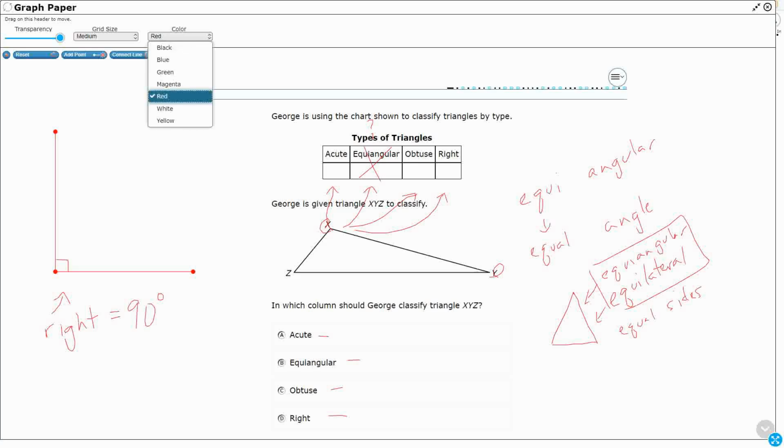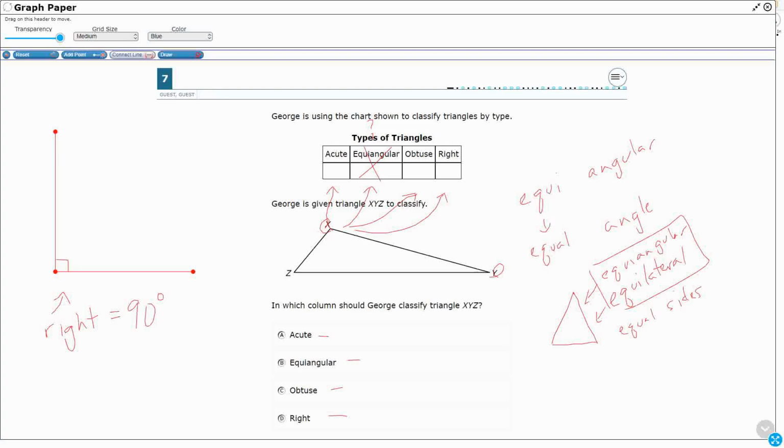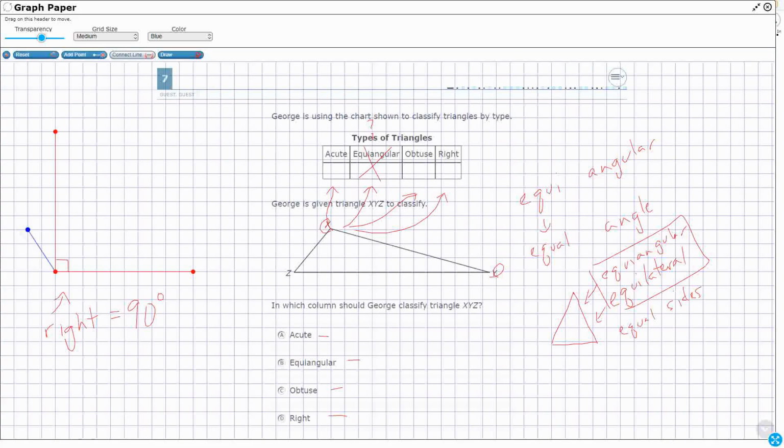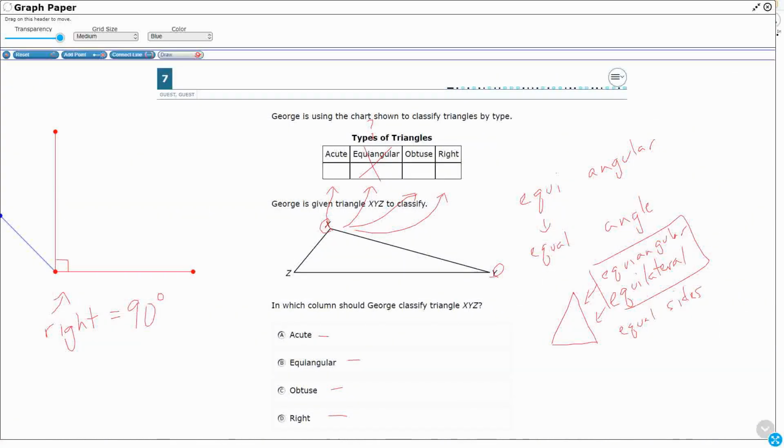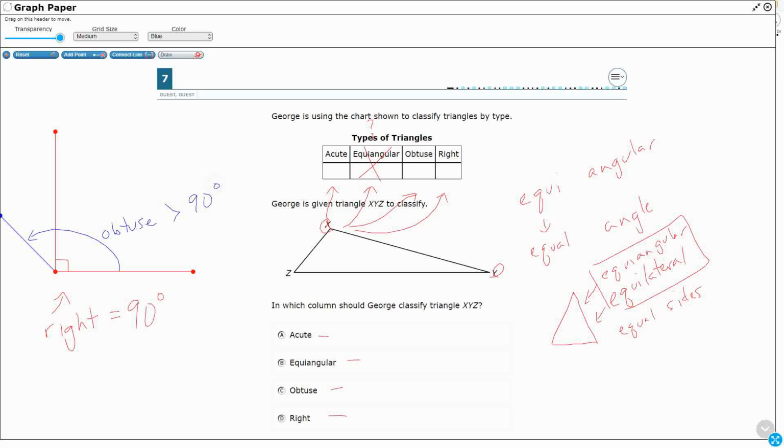So I'm going to use this blue right here, and let's just connect the line, and let's say we're going to go up here. If I have this angle right here, that big one is going to be obtuse, because obtuse is greater than 90. So anything bigger than 90.